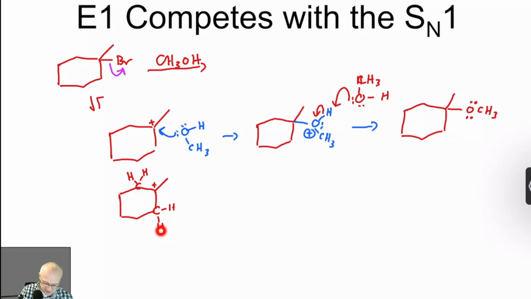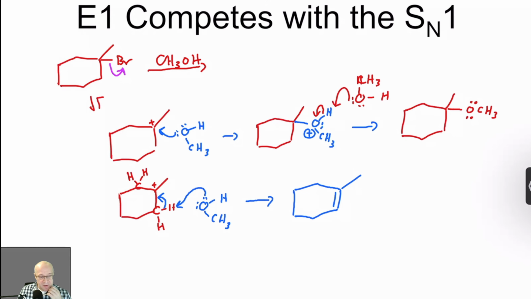So these hydrogens here and these hydrogens here are the same. So if I deprotonate here or I deprotonate here, I'm going to get the same product because of the symmetry of the molecule. So just do one. There's one of the potential products you can get from the E1 reaction.